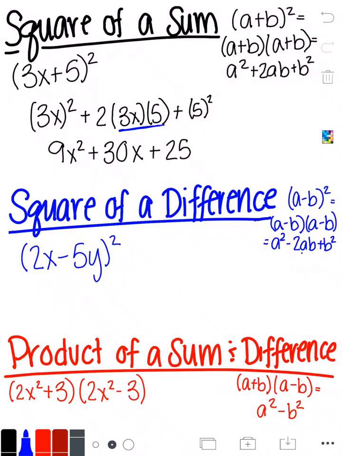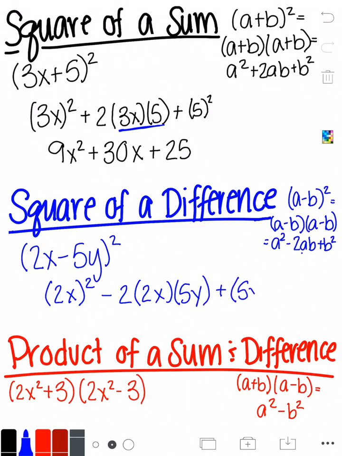So we have 2x minus 5y squared. So we have 2x, which is our a, squared, minus 2, and then our a and b, which is 2x and 5y, plus, and then we got 5y squared.